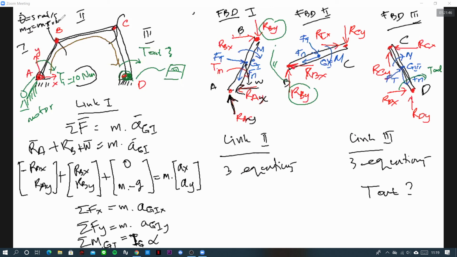Mass 2 equals mass 3. Then find the output torque resulting at the output link.